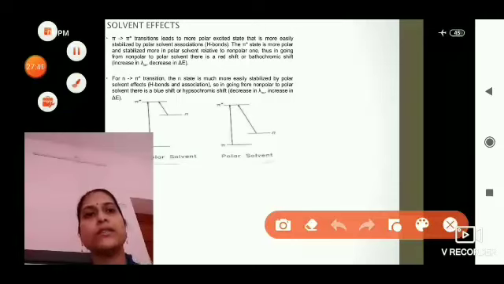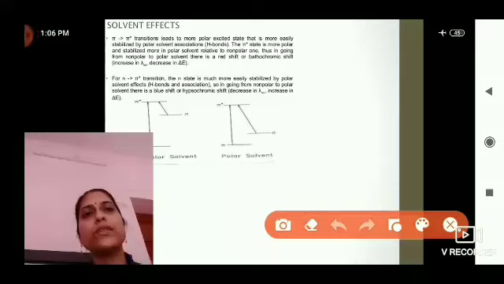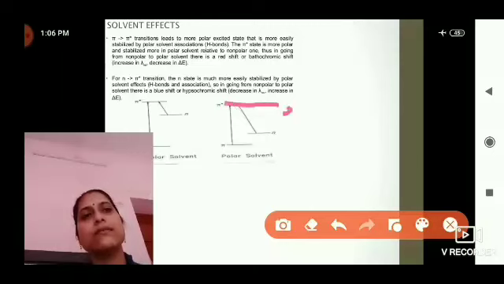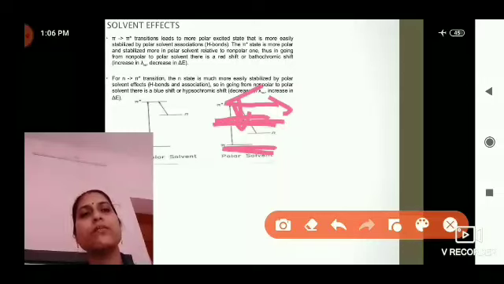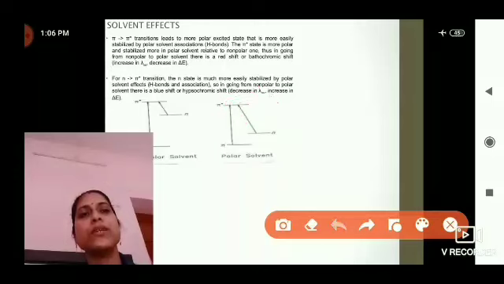pi to pi star transition, the protic solvent stabilizes the excited state, means the pi star energy level. So what will happen? It goes down. So the separation of energy will be reduced. And when the separation of energy is reduced, the wavelength will increase.